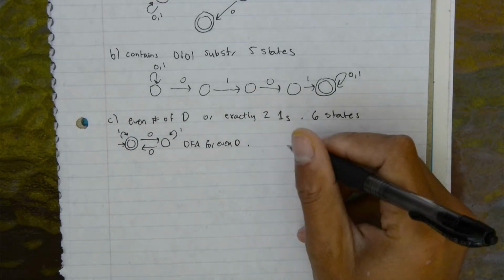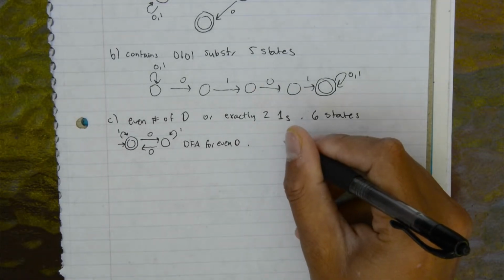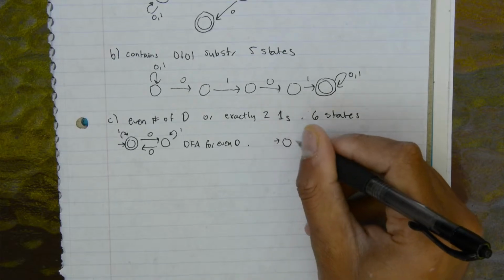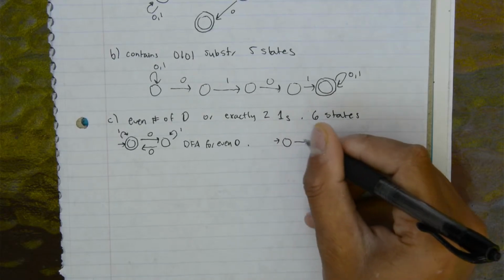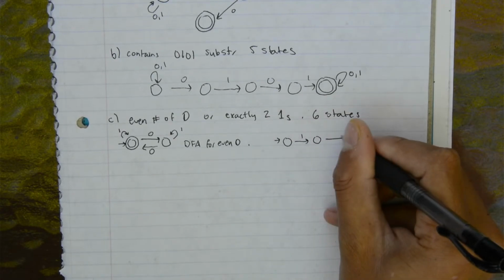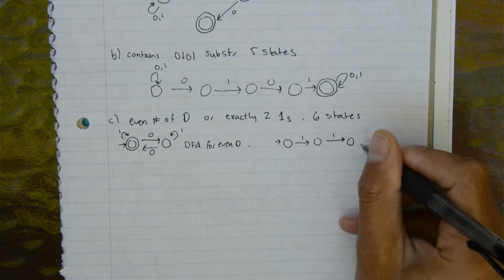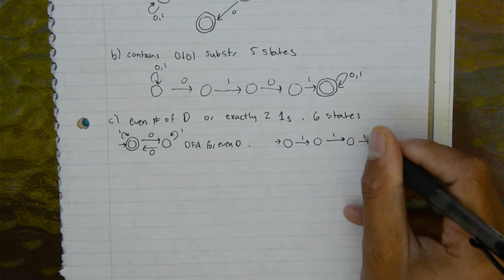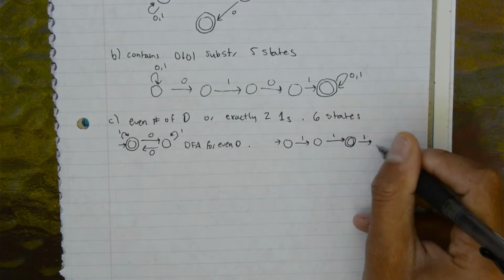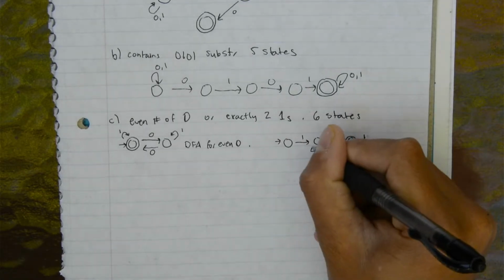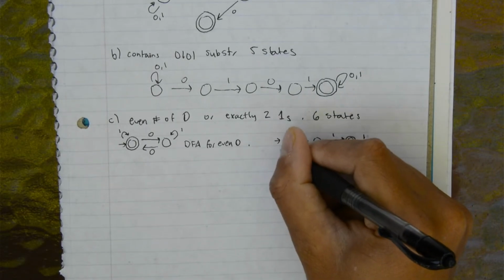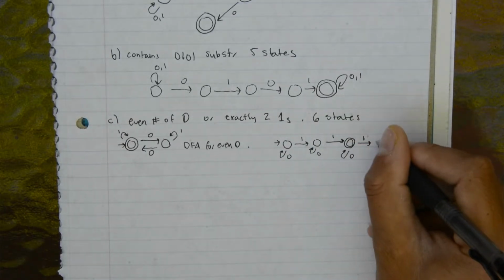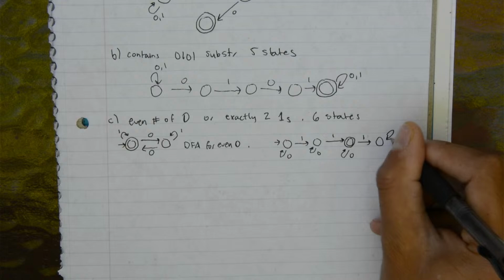Then exactly 2 1s is going to be, you start here. If you get a 1, you go to another state. If you get another 1, you go to another state. But if you get another 1, you go to this dead state.